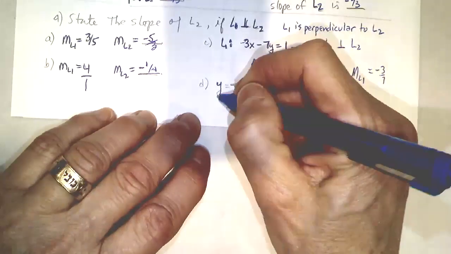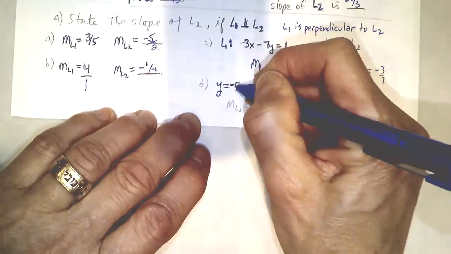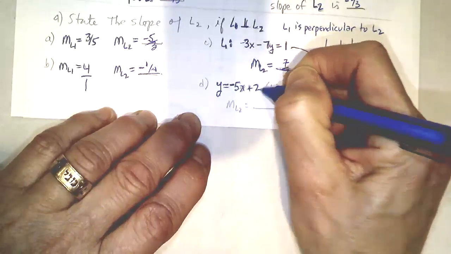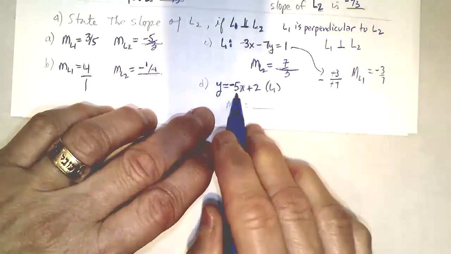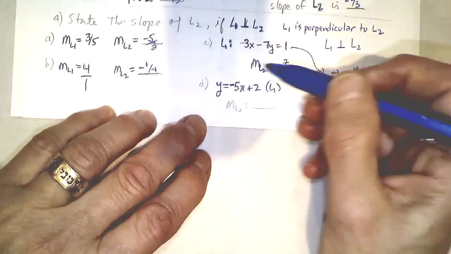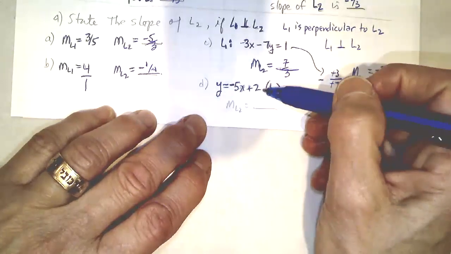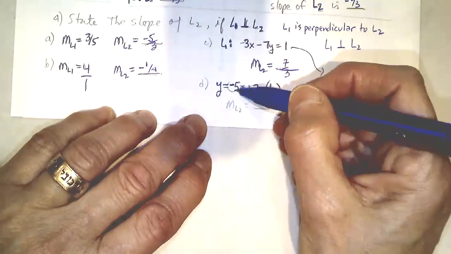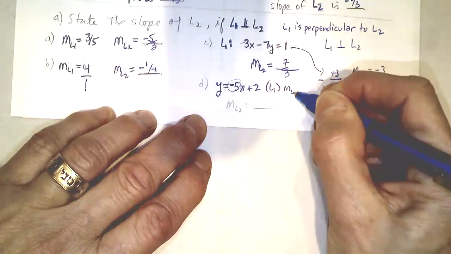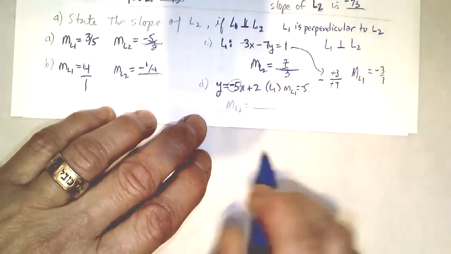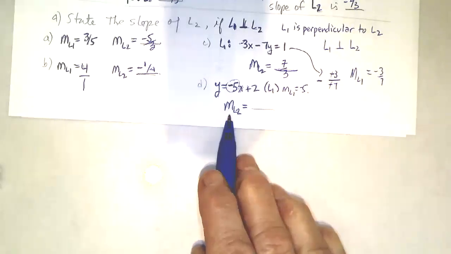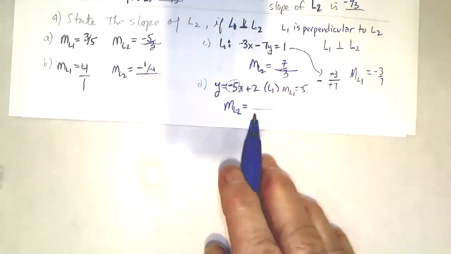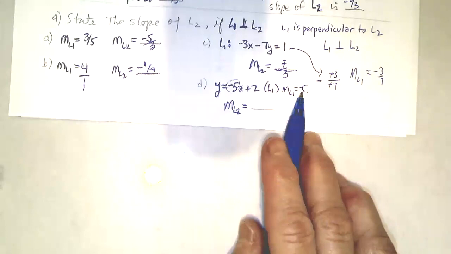And the last example, if I give you the slope of L1, well, I didn't. You have to figure it out. But we all know, because this is y equals mx plus b form, that here the slope is -5. Since they are perpendicular to each other, the other line will have a slope that will be the negative reciprocal.